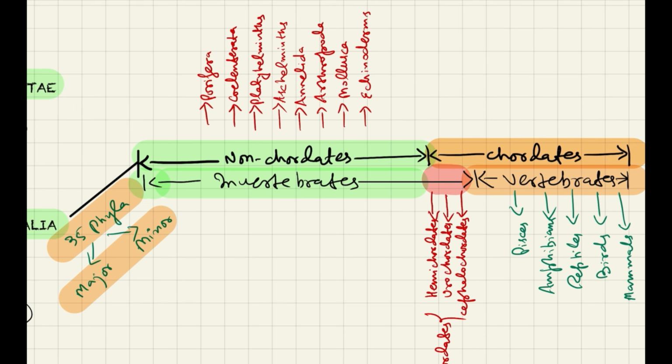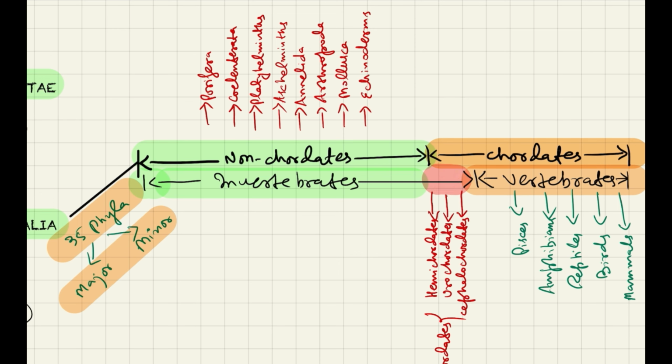But within the chordate group we also have vertebrates. In vertebrates, the notochord gets converted into a vertebral column. That's why vertebrates, right? But there is a certain segment of chordates which have a notochord, that's why they are chordates, but they do not have a vertebral column. The notochord does not get converted into the vertebral column.